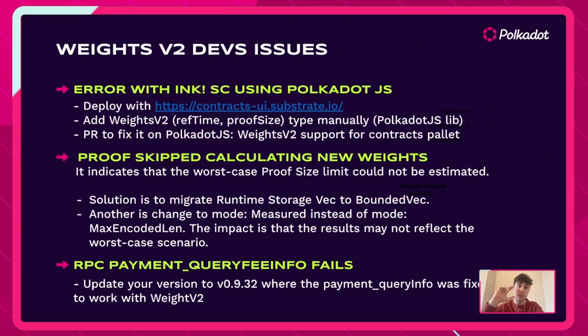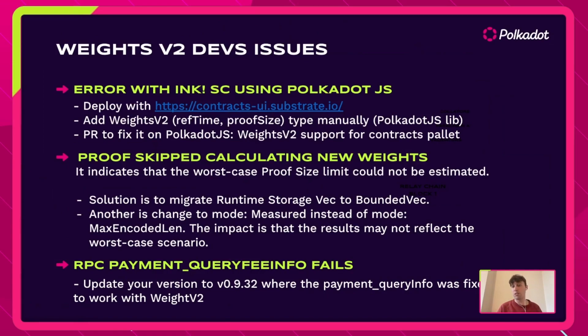This was because the Polkadot.js UI doesn't support the new type of weights yet. The solution, if you want to deploy a smart contract for now, is to use this contract UI, a website that the Ink team developed in order to deploy smart contracts and have a workaround to work with weights v2.